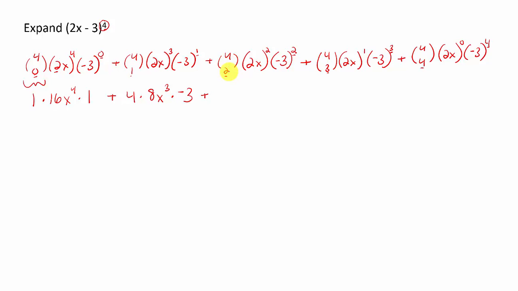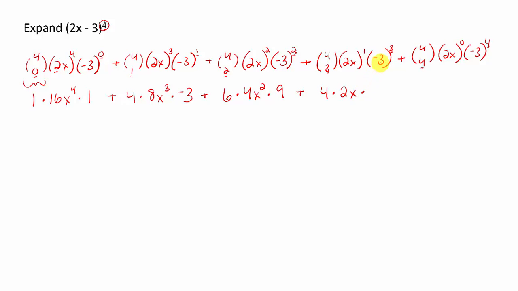4 choose 2 is going to be 6, and again, that part gets done in your calculator. Times 2 squared is 4, and then I have x squared. But on this one I have negative 3 squared, and when I square a negative number that gives me a positive, and in this case it's positive 9. 4 choose 3, this part gets done in your calculator, and that is going to give you a 4. 2 to the power of 1 is 2, and x to the power of 1 is just x.